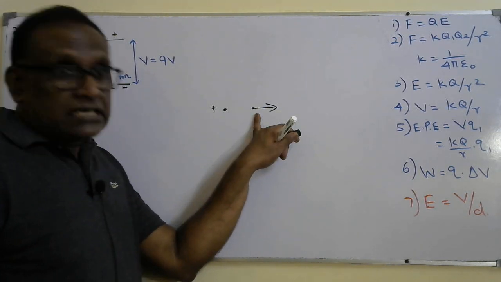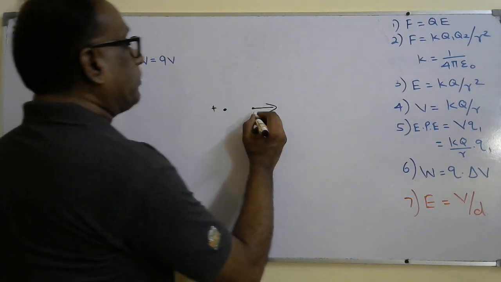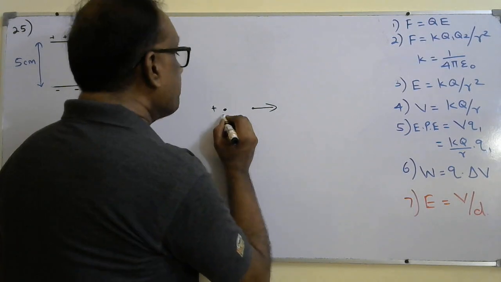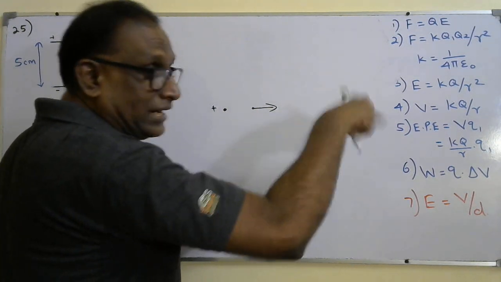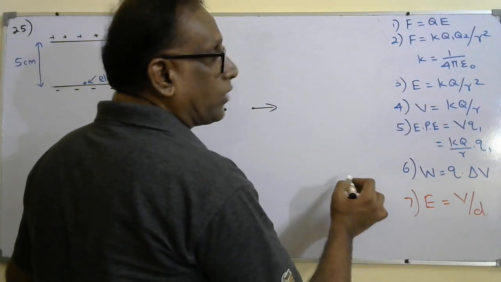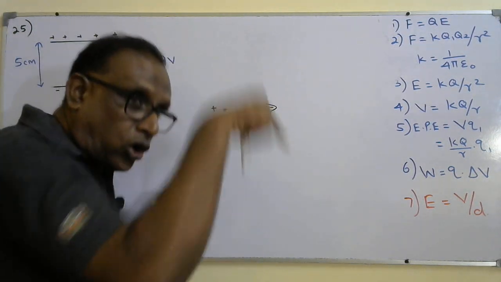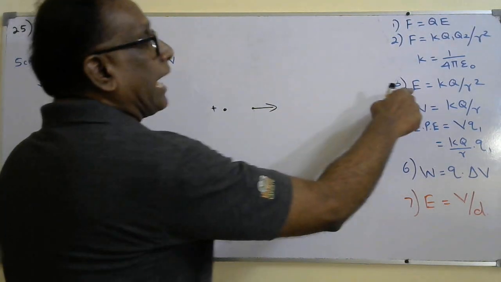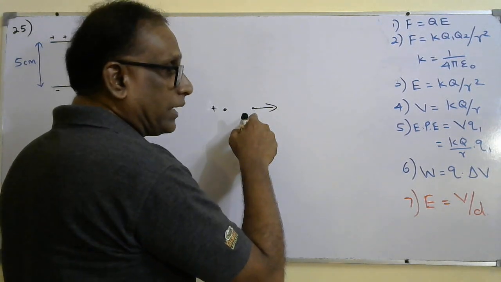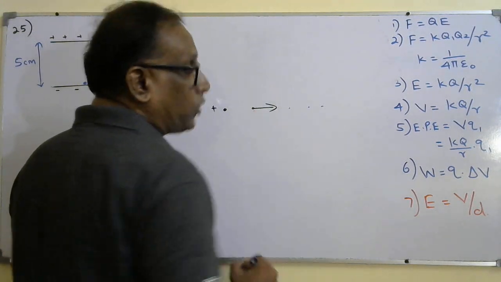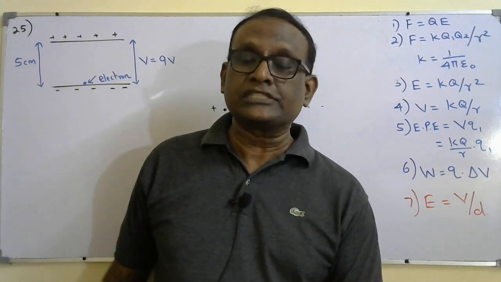But the acceleration of the alpha particle won't be constant, because when it moves away, the electric field strength will decrease according to E equals kQ over r squared. So the electrostatic force acting on the alpha particle will also decrease according to F equals QE. So by F equals ma, the acceleration will be different at different points. It won't be constant, so we can't use equations of motion.